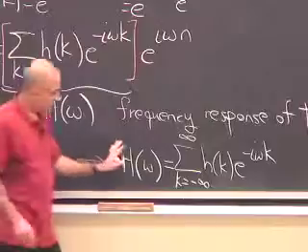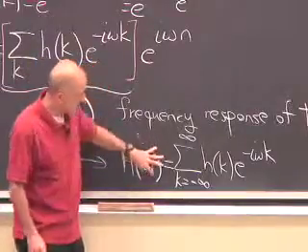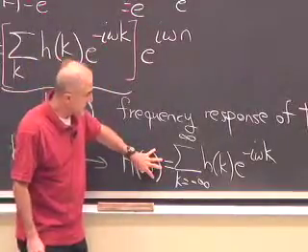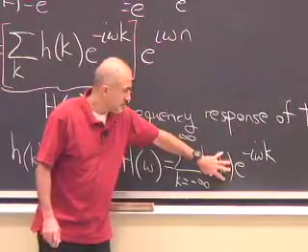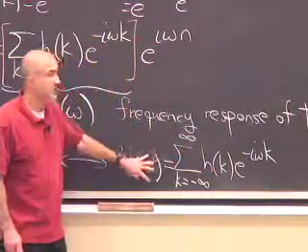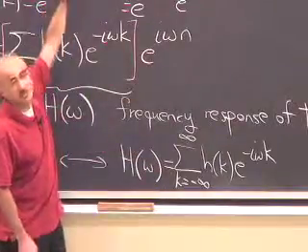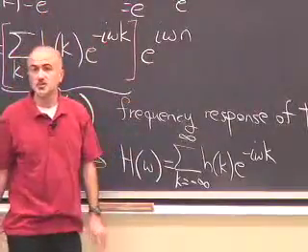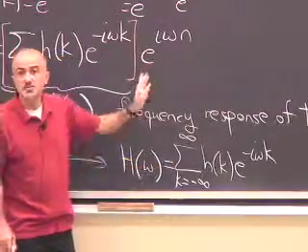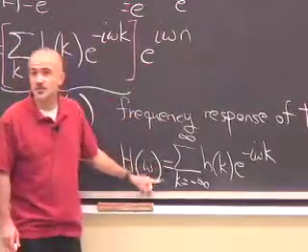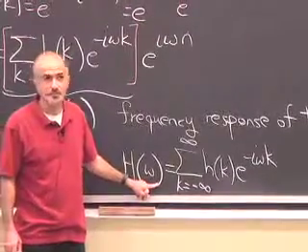So right now we have this function of omega that tells us how the impulse response in the time domain maps to how this filter, how this system treats various frequency components. Notice this is dependent on omega. As you change omega, the value of h of omega will change in general.